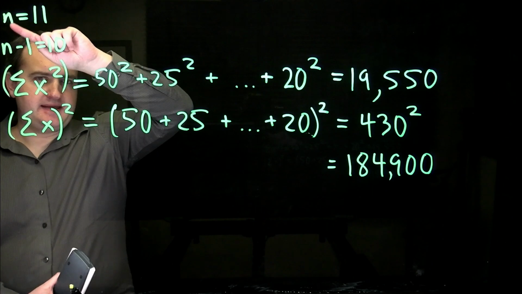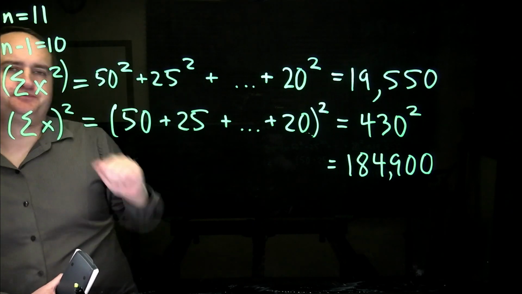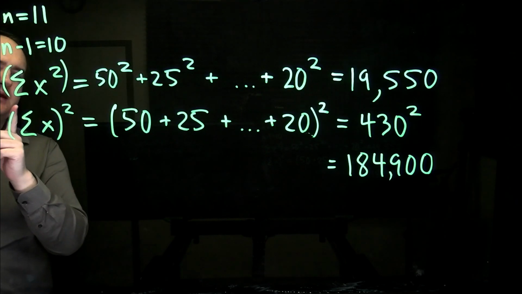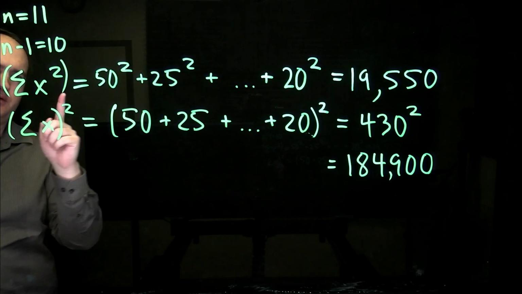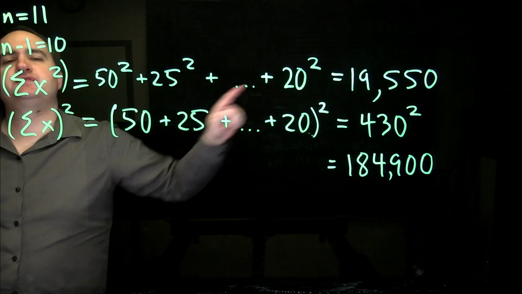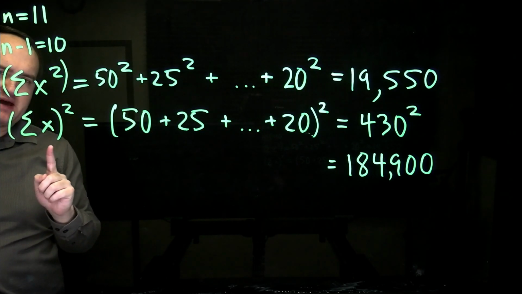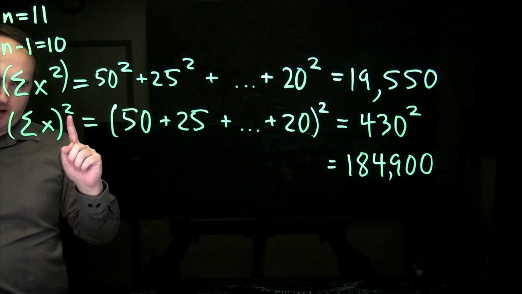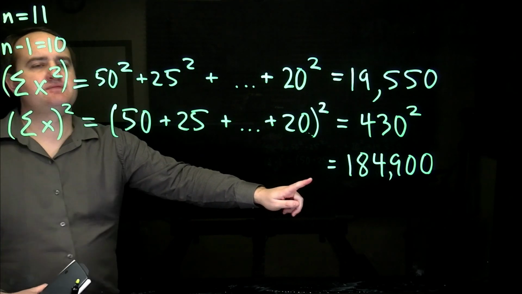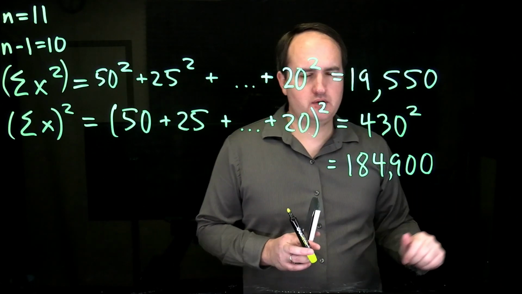And once you calculate n minus 1, and then you also calculate parentheses sum of x squared, which was the 19,550, and then the last thing we calculated was parentheses sum of x parentheses squared. That gave us 184,900.